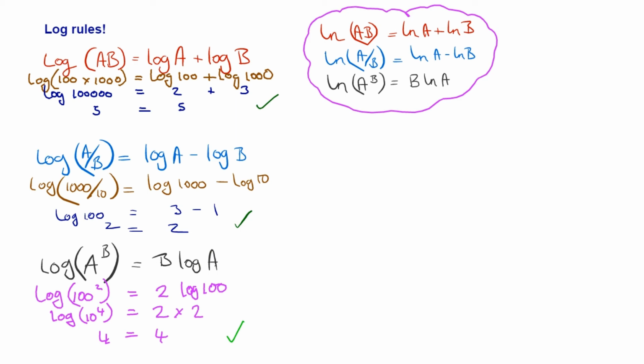The natural log of a over b is the natural log of a minus the natural log of b, and the natural log of a to the b is b times the natural log of a. These are pretty useful when using exponential functions. So that's what we're going to kick in with in the next video.